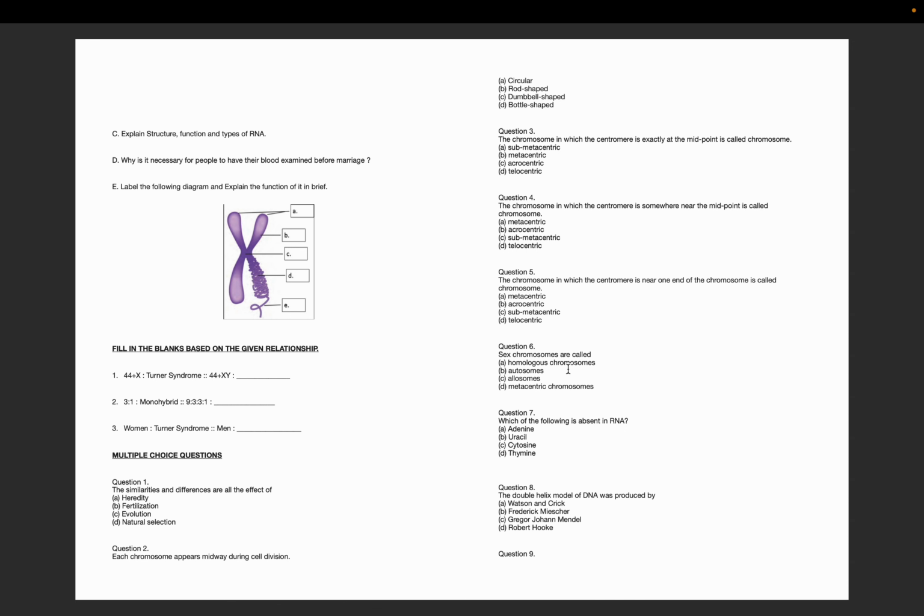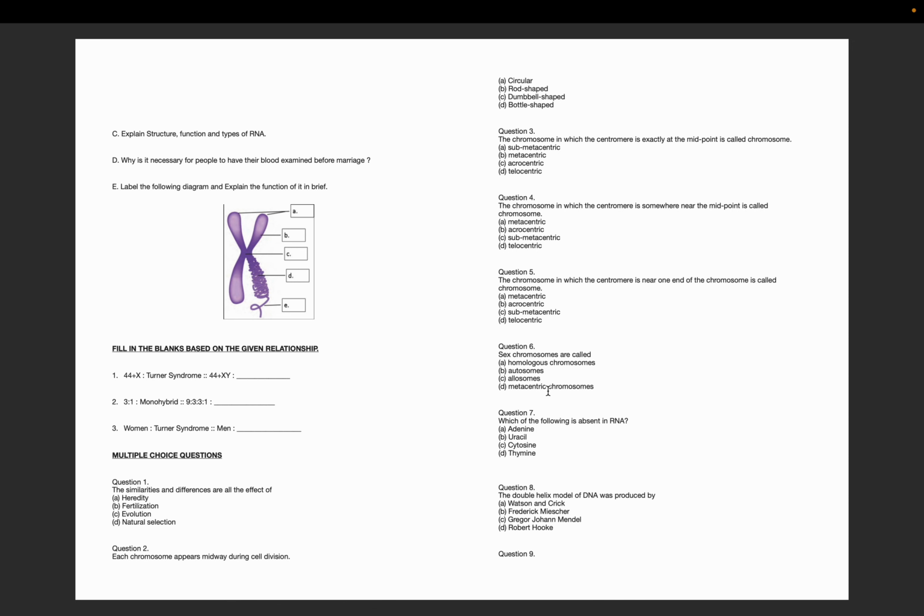Question number seven. Which of the following is absent in RNA? Yes, it's the thymine which is absent in RNA.